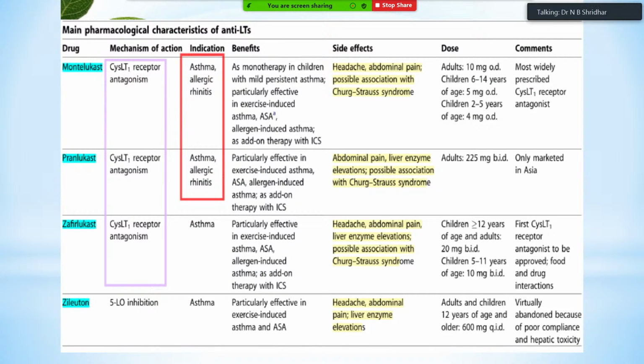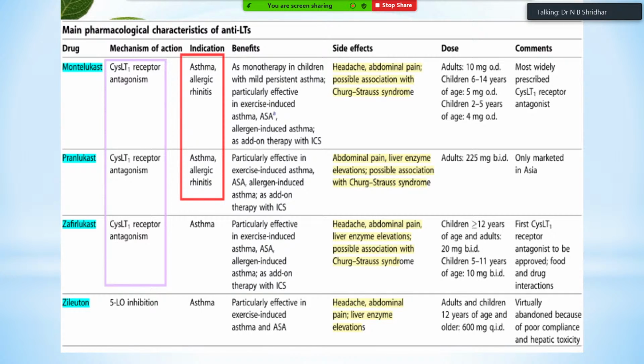And here you can see in which conditions these drugs, especially the LT1 receptor antagonists, are used, and the main pharmacological characteristics of each drug. The first drug is Montelukast sodium, and the mechanism of action is cysteinyl LT1 receptor antagonist. The indications of this drug are asthma and allergic rhinitis, and the benefit of this drug is as a monotherapy in children with mild persistent asthma, particularly effective in exercise-induced asthma and allergen-induced asthma.